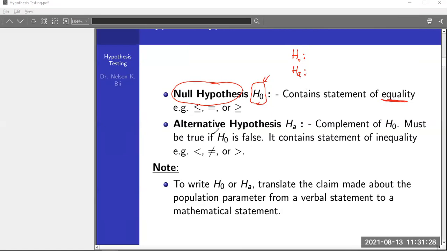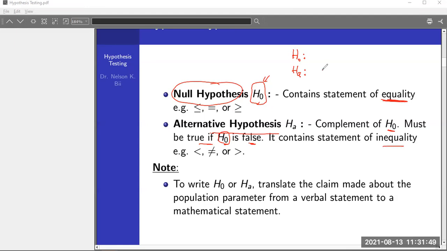alternative hypothesis, denoted by HA. So alternative hypothesis HA, this is the complement of the null hypothesis. So this is a statement or a claim that must be true if the null hypothesis is false. This one contains the statements of inequality.